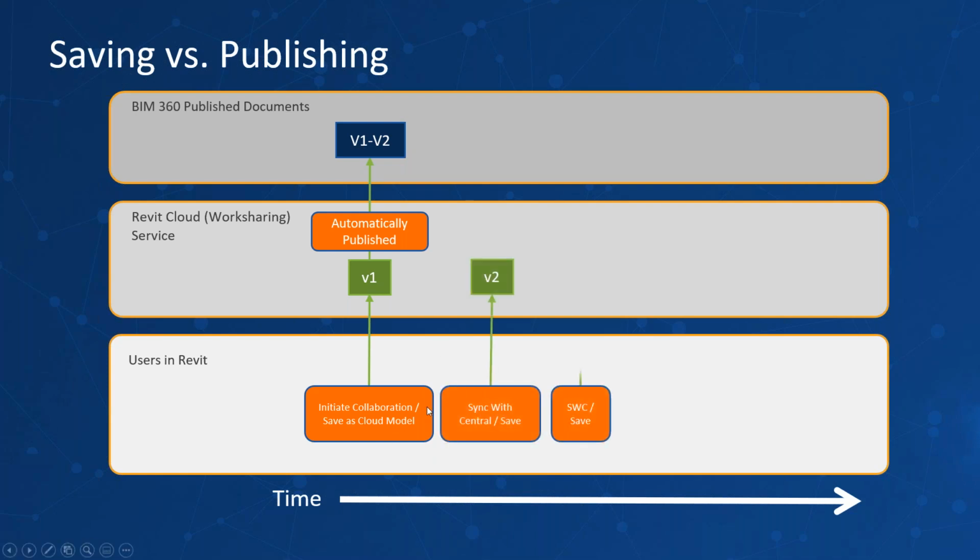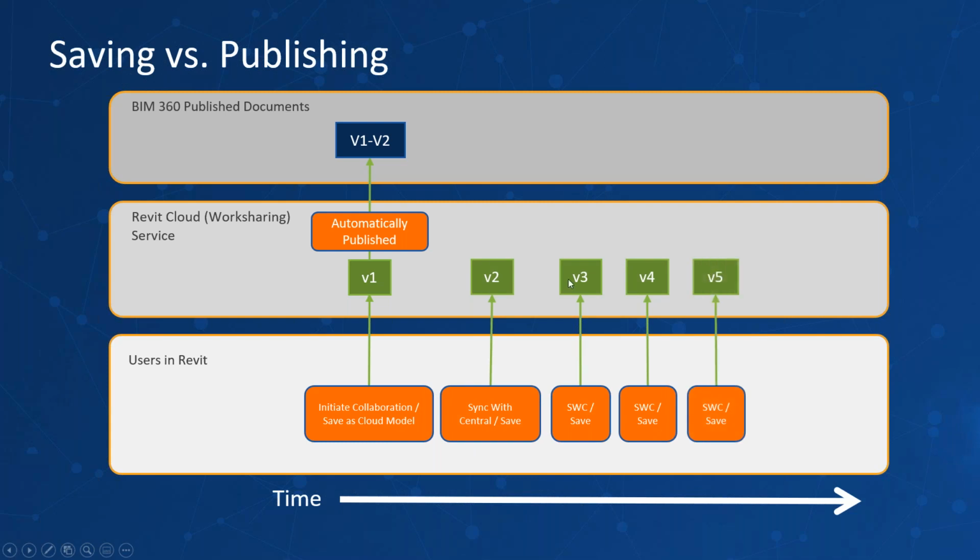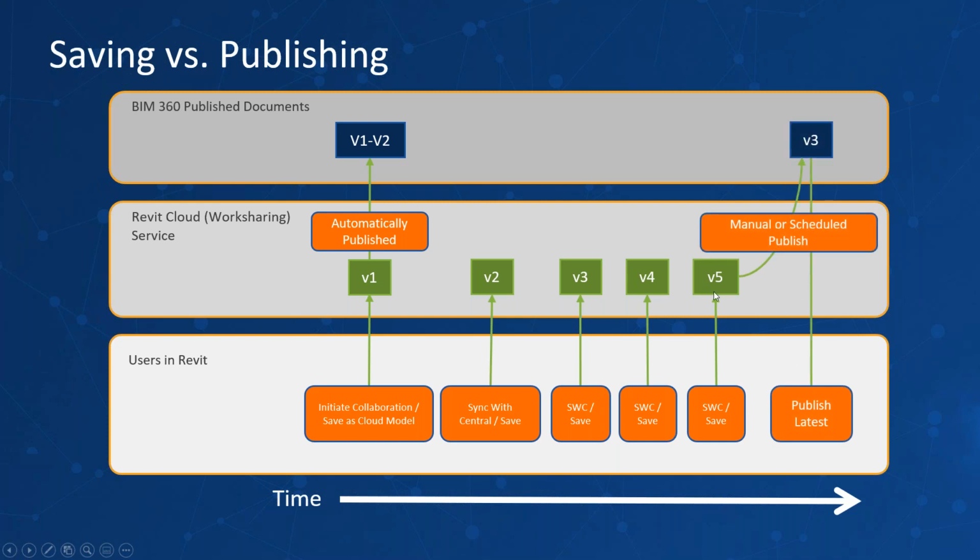After that, all those users, all those architects, save to central, save to central, save to central, they're creating invisible versions, updating the central file. It's only at some point in time that this whole team says, okay, this is good to go, and they issue a publish command. At that point in time, we're creating a visible copy inside of BIM 360 Docs, which then users without the BIM 360 design module can use.